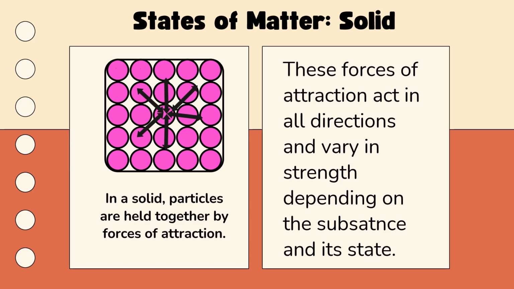So in a solid, particles are held together by forces of attraction. These forces of attraction act in all directions and vary in strength depending on the substance and its state.